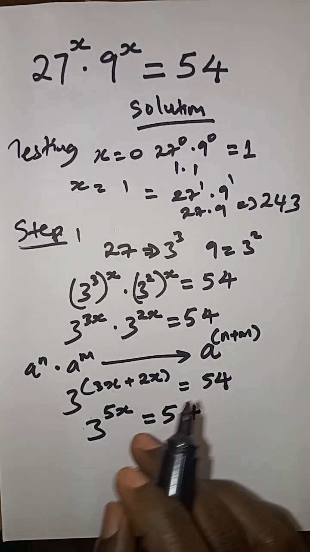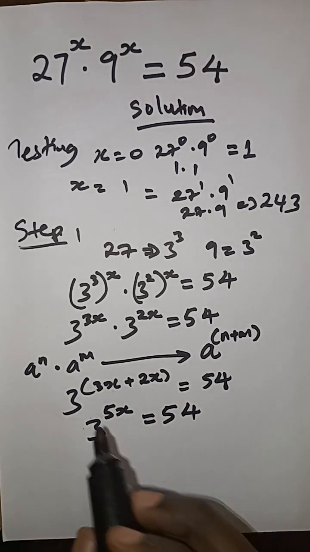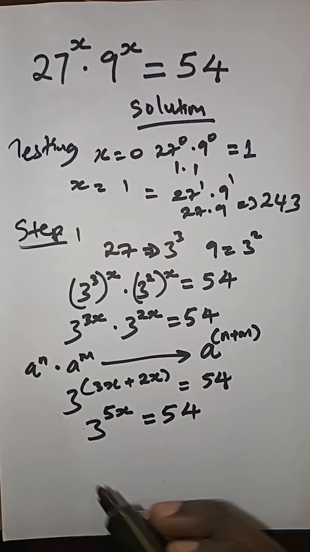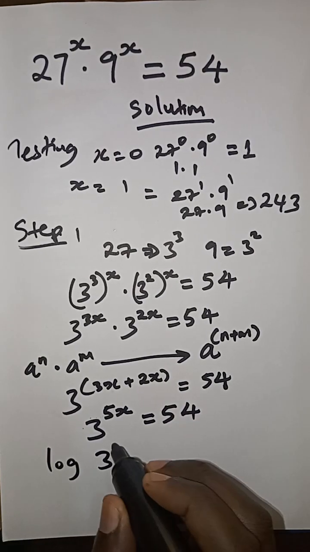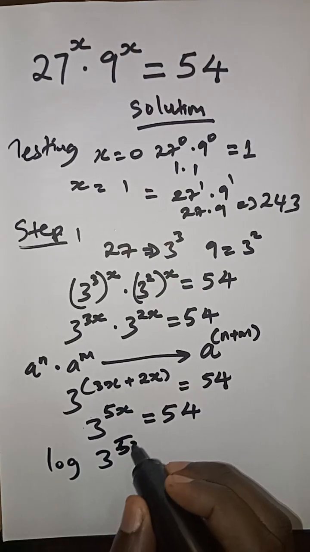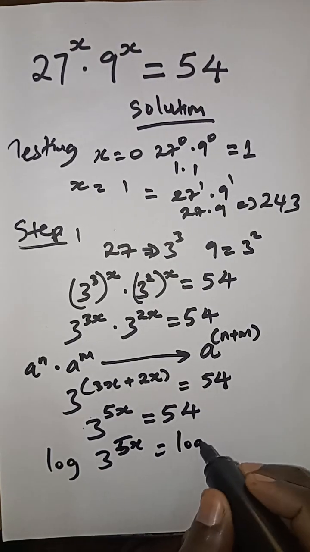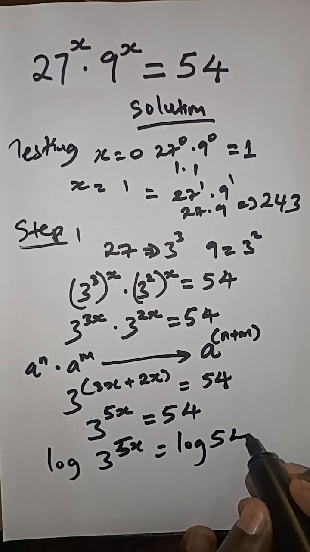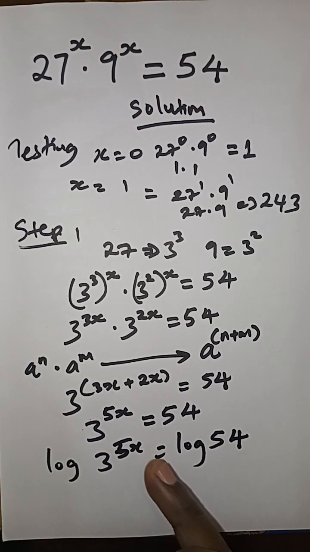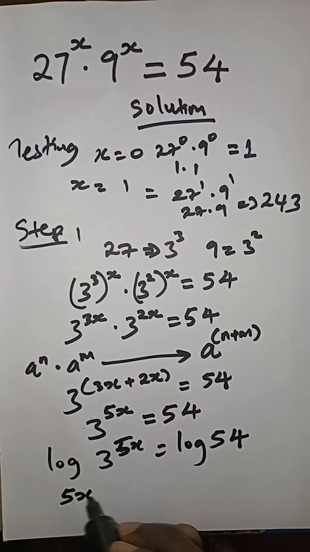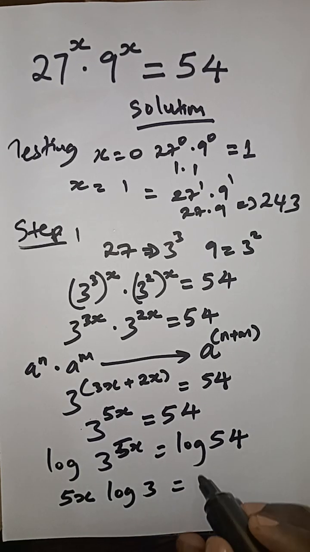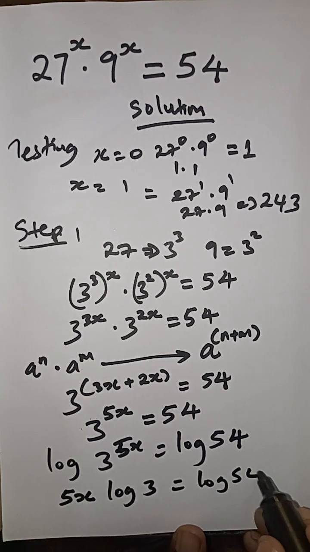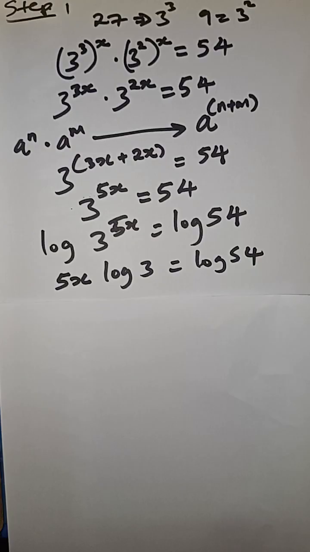At this stage, for me to eliminate the power, since it is unknown, I'm going to introduce logs on both sides so that I have log of 3 to the power 5x equal to the log of 54. And this 5x can come this side as 5x times log 3 equal to the log of 54.